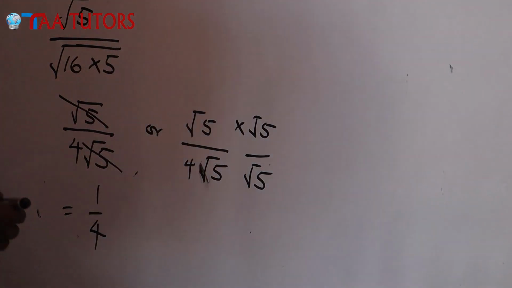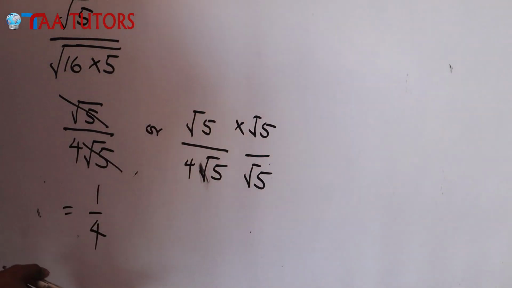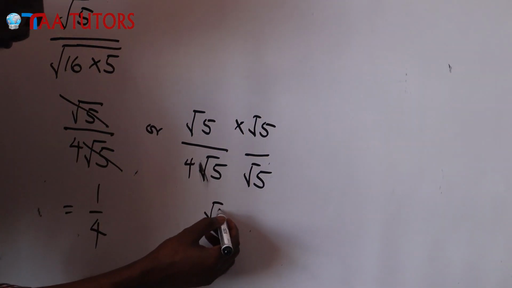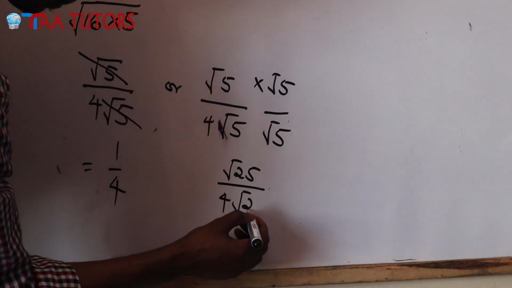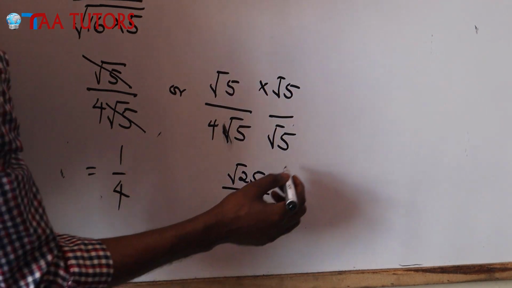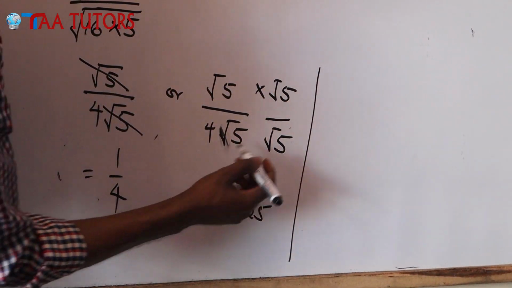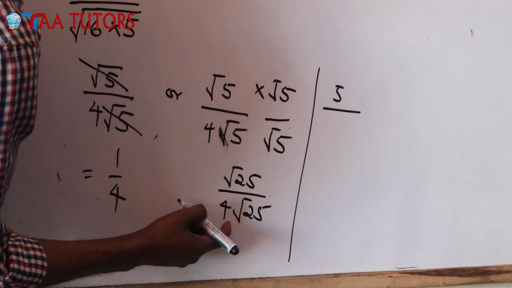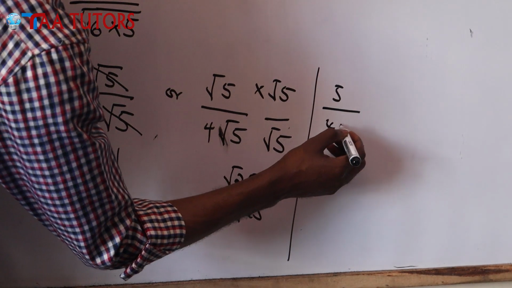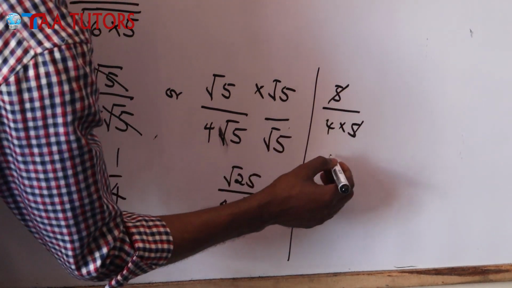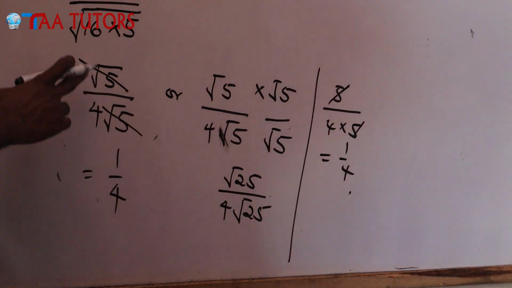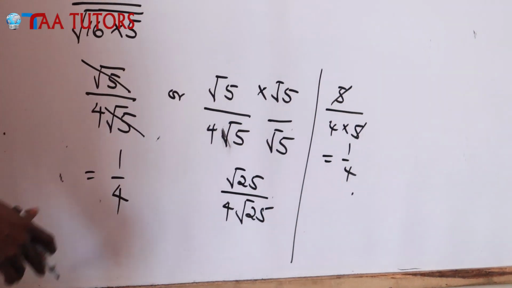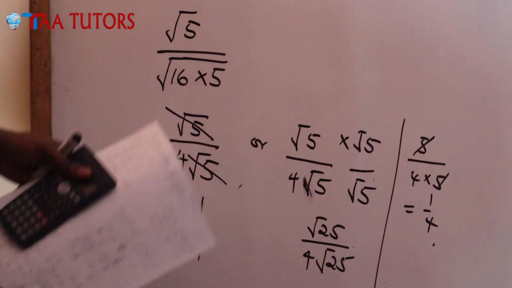If I do that, this is √25, and this one also will be 4√25. So we know that √25 is 5, so 5 over 4 times 5. And 5 will still go, so that you have a quarter. So if you reach there, you can simply escape that particular long process by just cancelling out to get the answer.